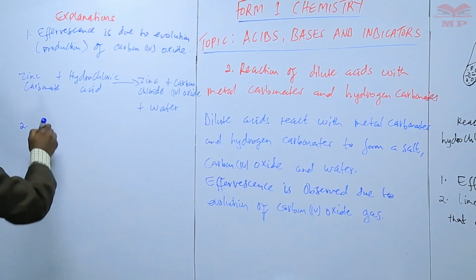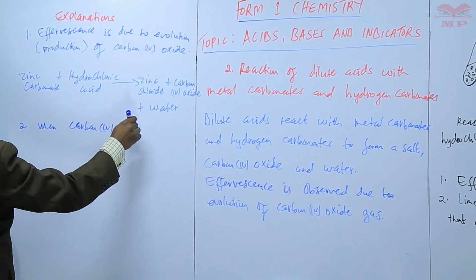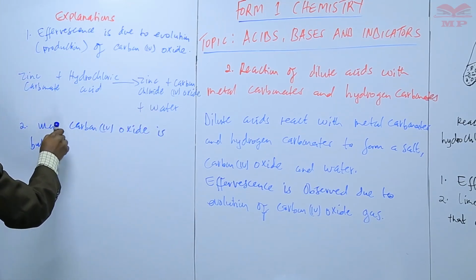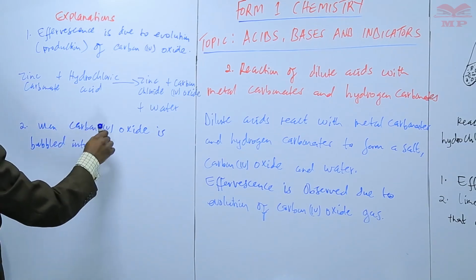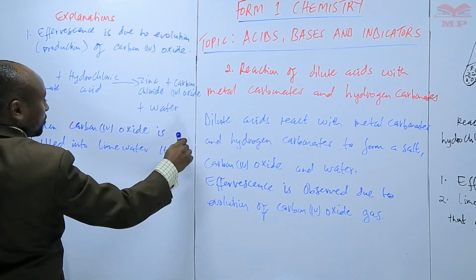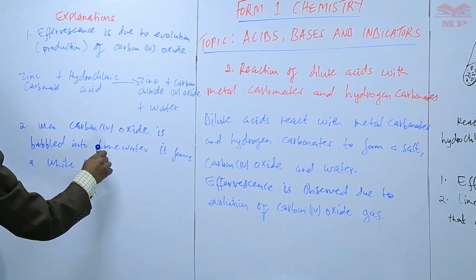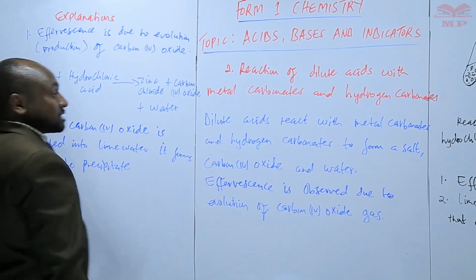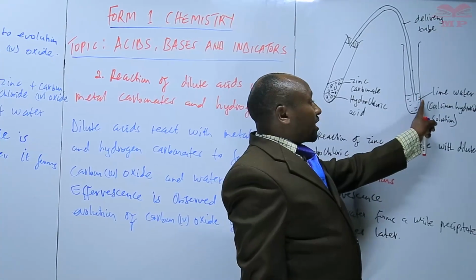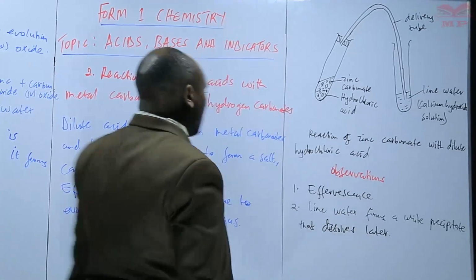Explanation number 2 is that when carbon 4 oxide is bubbled into lime water, it forms a white precipitate. So the white precipitate will be observed here in the second. So lime water is clear, but after some time it forms a white cloudy precipitate.